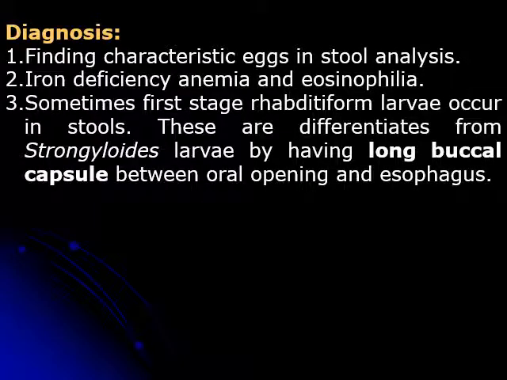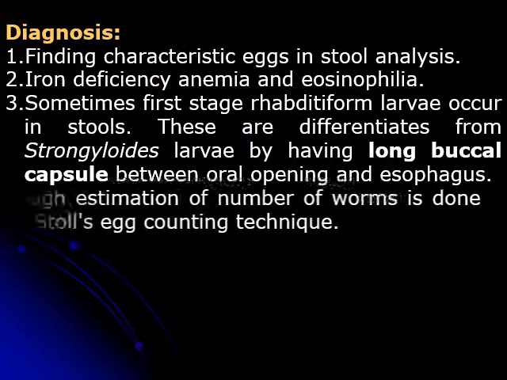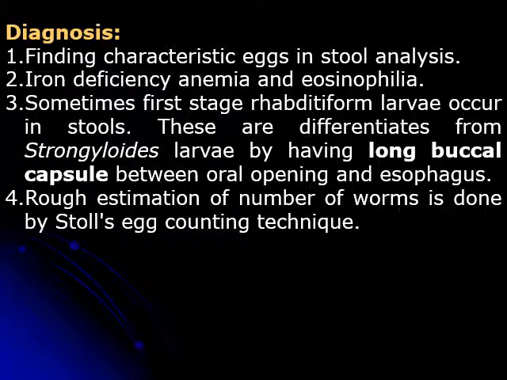Sometimes the first stage rhabditiform larva can occur in stool, and we can see it in constipated patients. These are differentiated from Strongyloides larva by having a long buccal capsule between the oral opening and esophagus. A rough estimation of the number of worms can be done by what we call Stoll's egg counting technique, which will be discussed later in the methodology section.